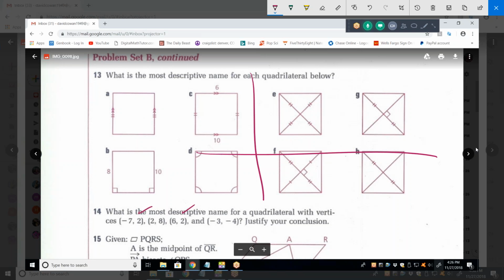Minus 7, 2. 2, 8. 6, 2. And minus 3, minus 4.